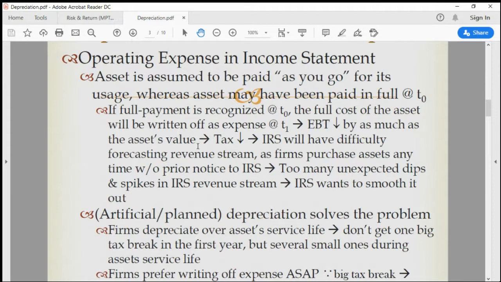But here's the thing: if you write off $50,000 as an expense, what does that do to your EBIT? Think about it. In the income statement, the first thing is revenue, right? Two sources of income: sales revenue and investment income.